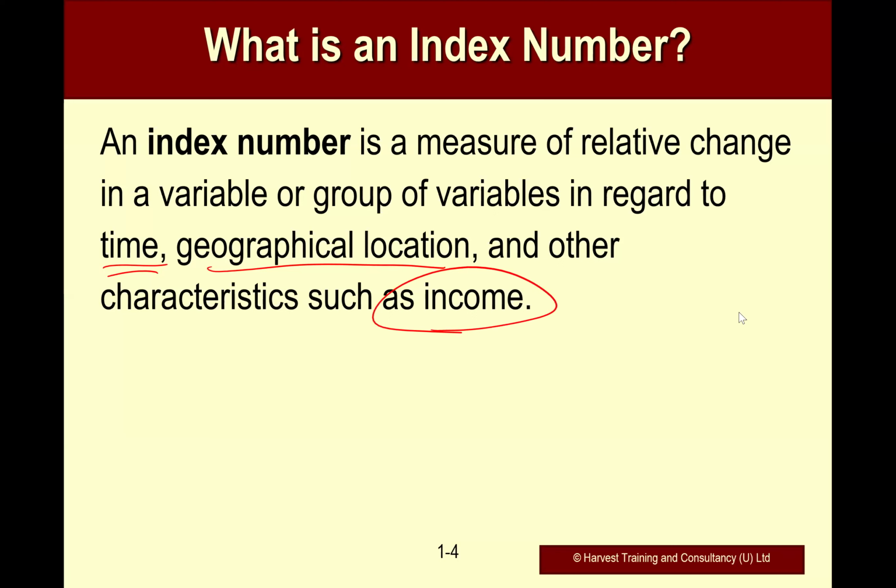Right now, if you look at yourself, you're looking better than 5 years ago, maybe now that you have money. So the level of income may also determine the change in the variable, okay?